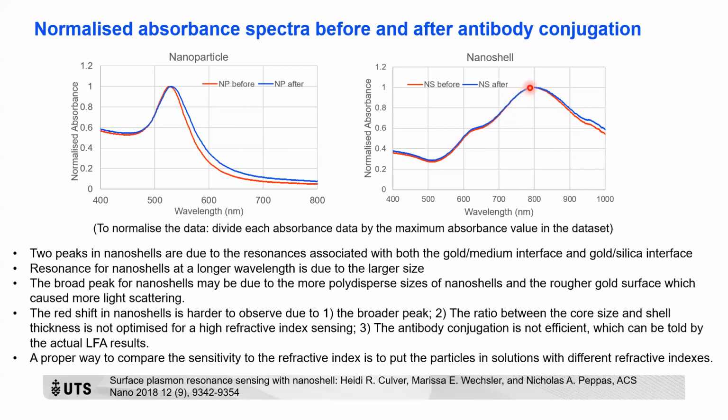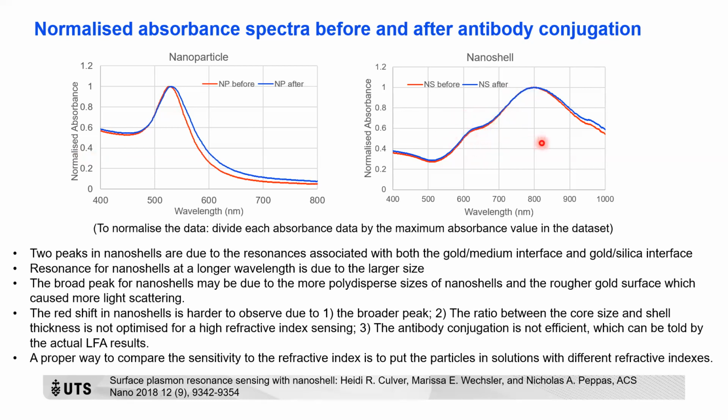It has more peaks than the nanoparticle, and this is associated with what I said just now: both the interface between the gold and the media, and then the gold and the silica interface. These two interfaces produce another peak of the nanoshell.